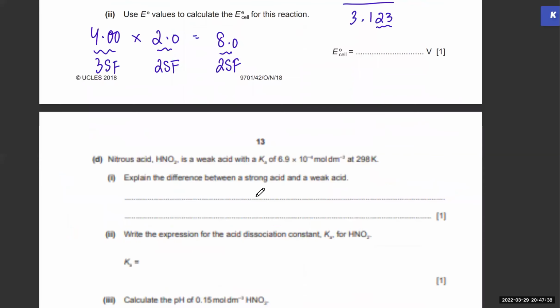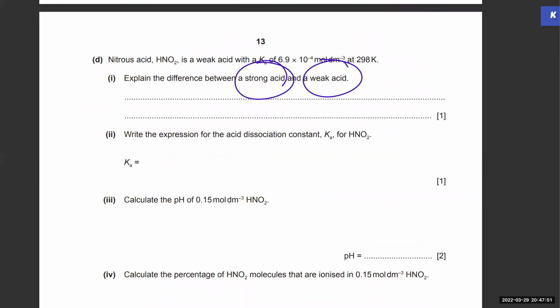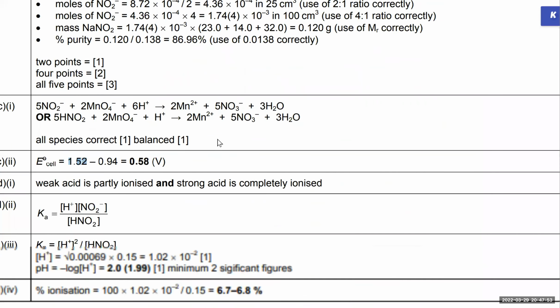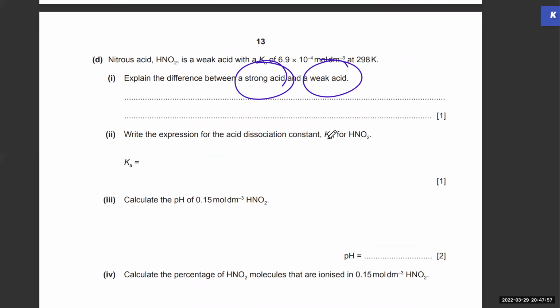And what else is the question? Oh, explain the difference between a strong acid and weak acids. You can kind of do that. It's a proton donor, fully ionizes, weakly dissociates, fully dissociates, weakly dissociates. And also remember, when you completely ionize, that's fine. Write an expression for the dissociation of HNO2. So HNO2 is going to dissociate.